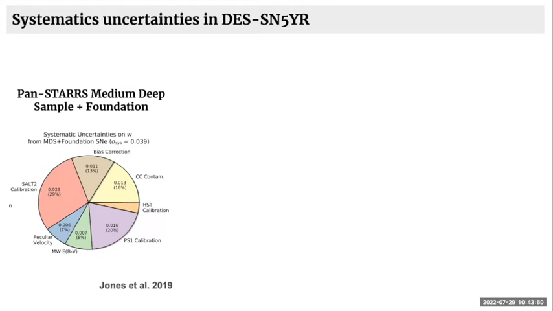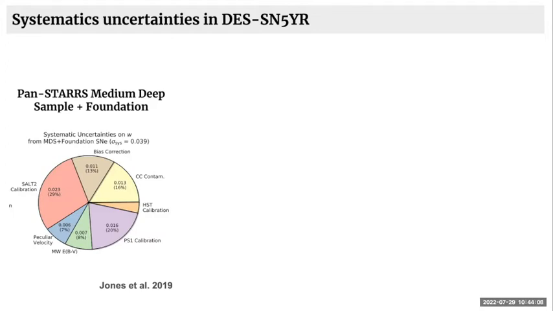So here I show a plot from the latest supernova cosmological analysis published for a sample that is affected by contamination, so a photometric sample. This analysis was published by David Jones using the Pan-STARRS data.